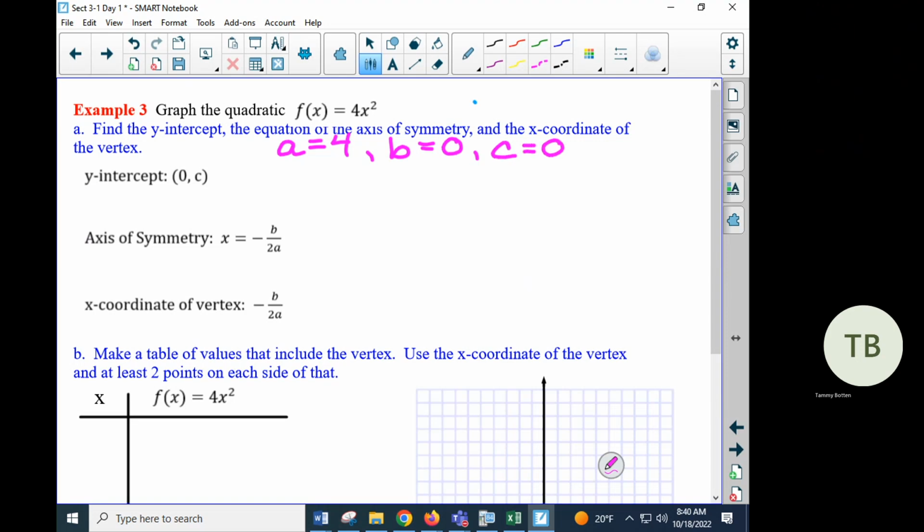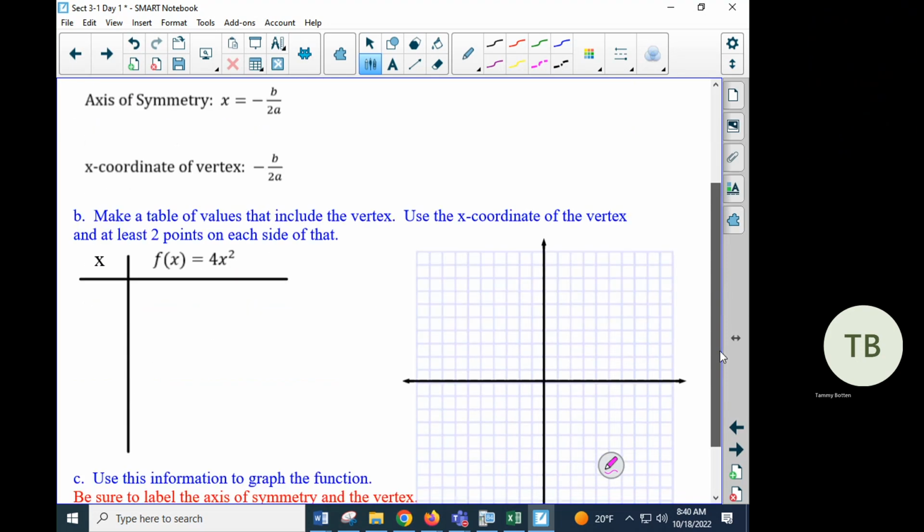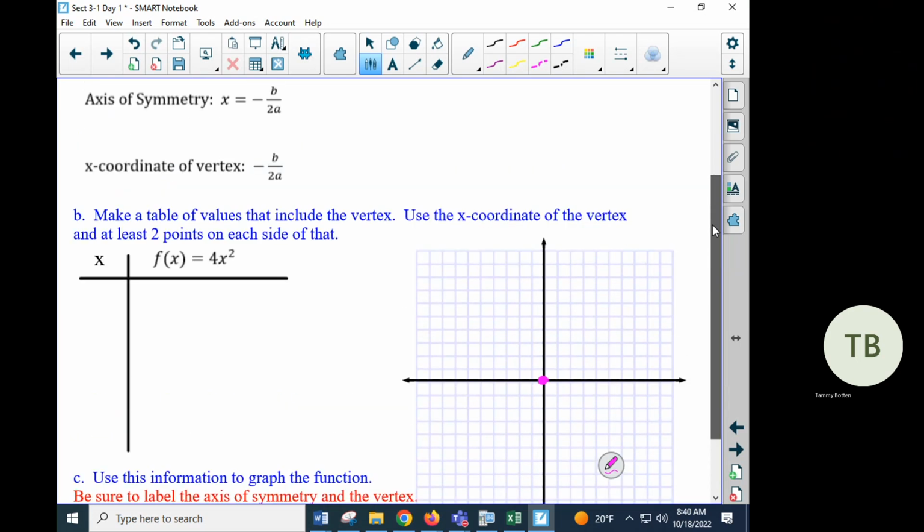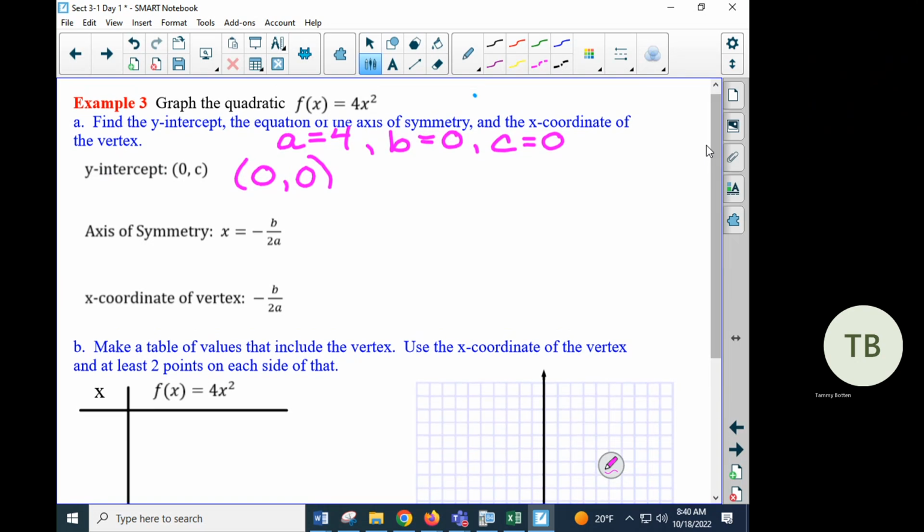So one thing we would know then is that our y-intercept would be at (0, 0). And this graph would go through the point (0, 0). Now, when I go to find my axis of symmetry, I'm going to go negative B, which is 0, over 2 times A, which is 4. Do you guys know what 0 divided by anything is? 0.